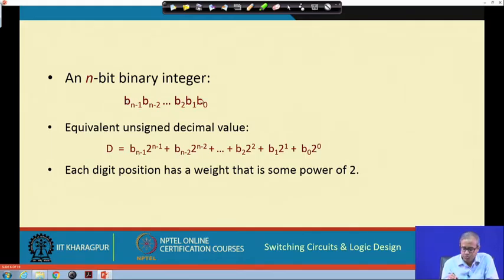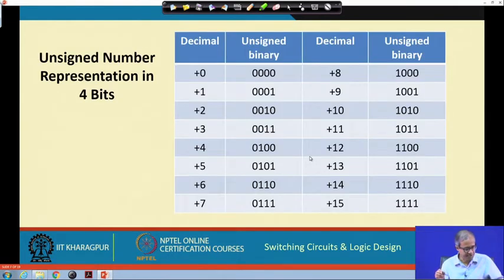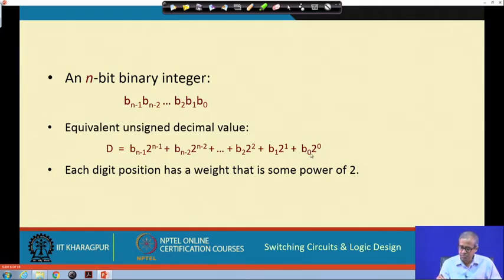The weights will be 2 to the power 0, 2 to the power 1, 2 to the power 2 and so on. To calculate the decimal equivalent, you multiply the digits by the corresponding weights and add them up: B0 by 2 to the power 0, B1 by 2 to the power 1, and so on, up to Bn minus 1 by 2 to the power n minus 1. In binary, each digit position has a weight which is some power of 2. This way you can calculate the decimal equivalent.